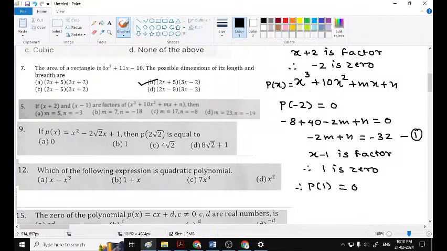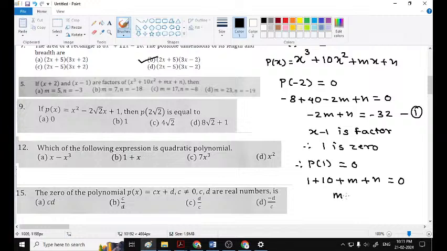Let us put x is equal to 1 in this polynomial. 1 cube is 1 plus 1 square is 1 into 10 is 10 plus 1 into m is m plus n will be equal to 0. So we get m plus n is equal to, this is 11, after transposition it will become minus 11. This is equation 2.